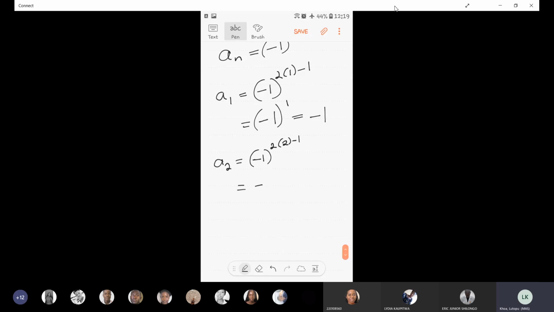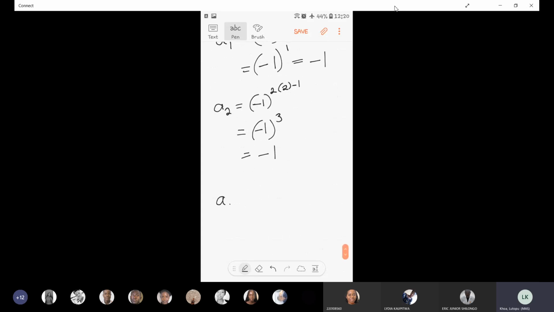This is negative 1 to the power of 4 minus 1, which is 3. And we say that if you have a negative number raised to an odd exponent, then your answer will always be negative. So this is negative 1.